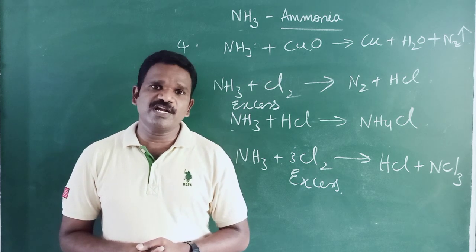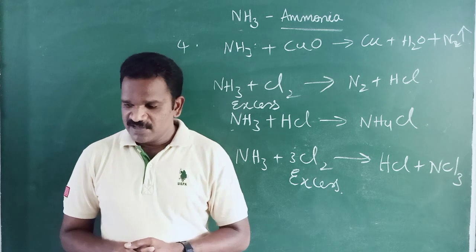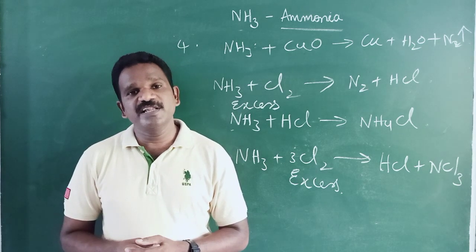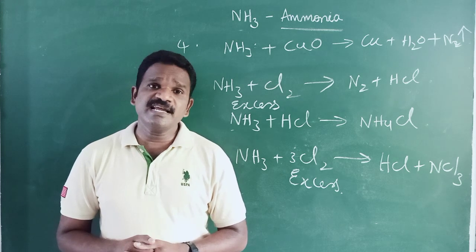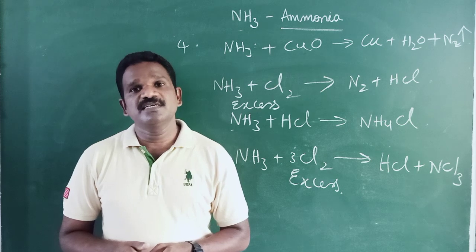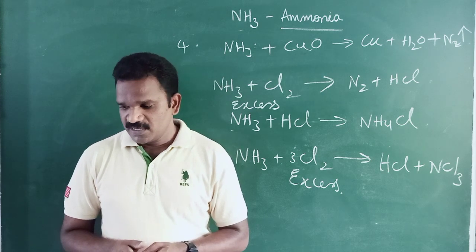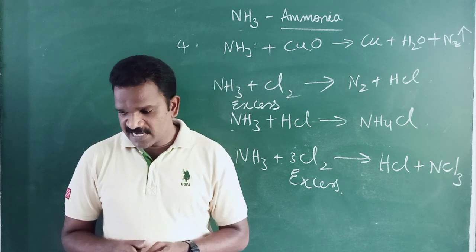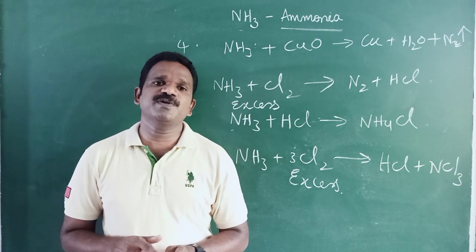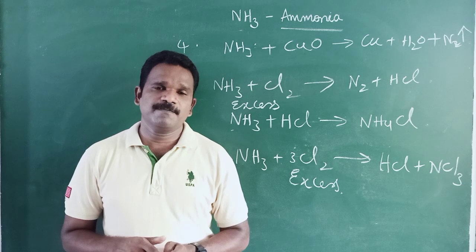Second one, ferric chloride, when treated with ammonium hydroxide, we are getting a reddish brown precipitate of ferric hydroxide. Lead nitrate, when treated with ammonium hydroxide, we are getting a dirty white precipitate of lead hydroxide. Zinc nitrate, when treated with ammonium hydroxide, we are getting a white gelatinous precipitate of zinc hydroxide.